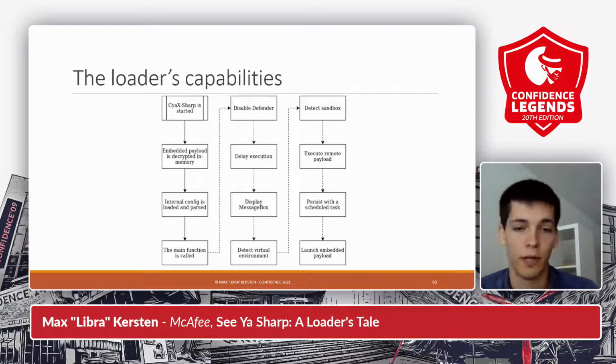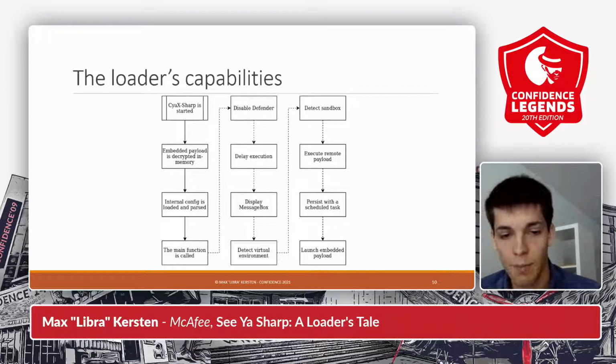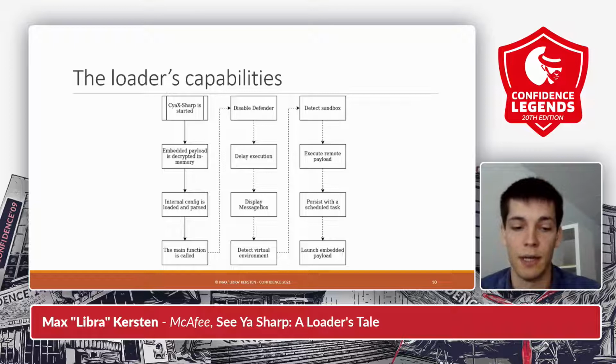So I've talked quite a lot about what a loader is, what it does in general, but what does this loader do? Well, in this case, it first starts by decrypting the embedded payload, if there is any, in memory, and parsing its configuration file internally.